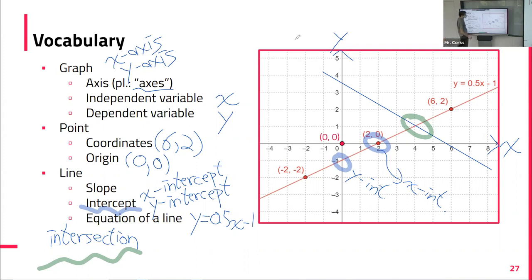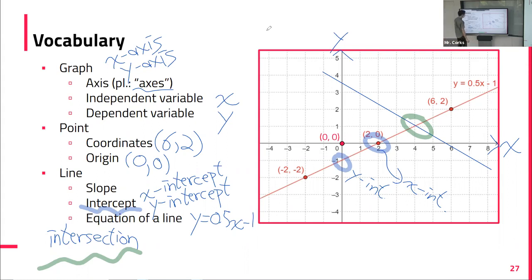Okay, and last one. I find that a lot of students forget what slope is or what that concept is. So let's pretend I've never taken a math class before. Explain to me what slope is, the concept, in the simplest terms possible. Rise over run. Okay, rise over run.